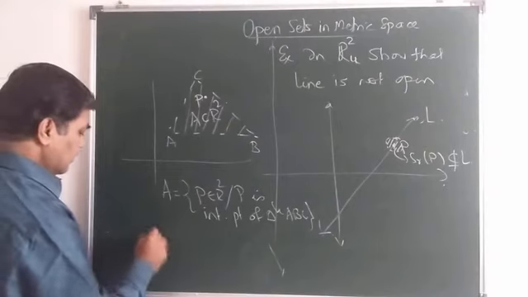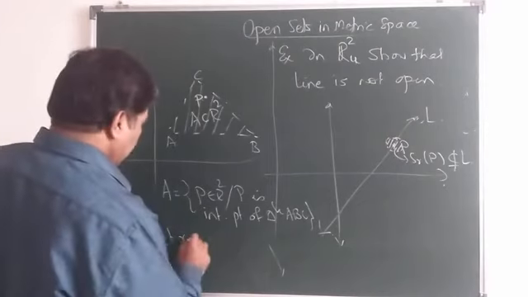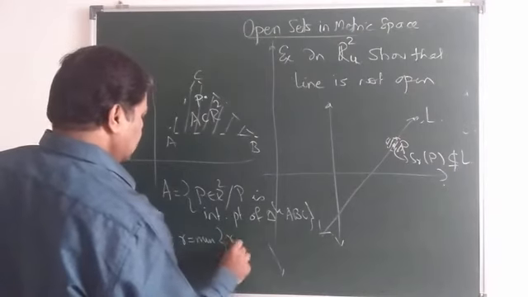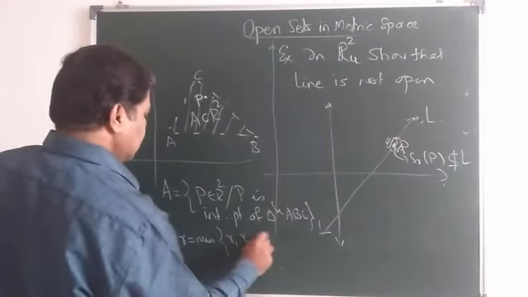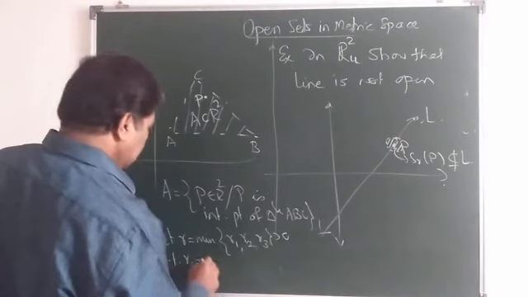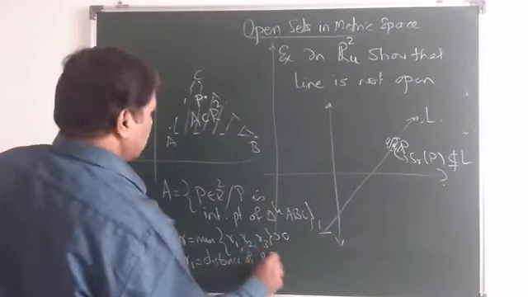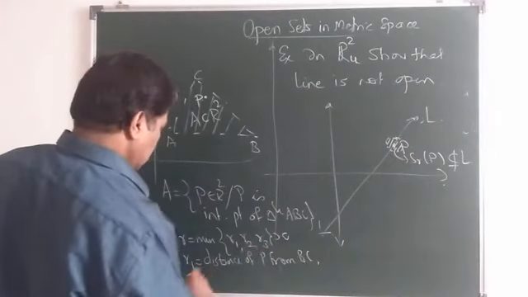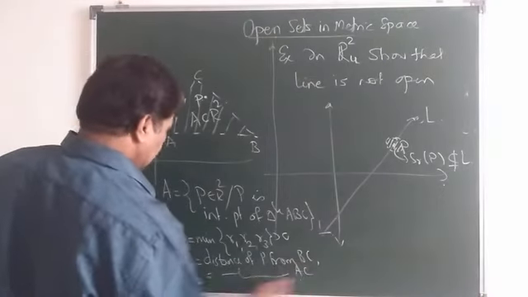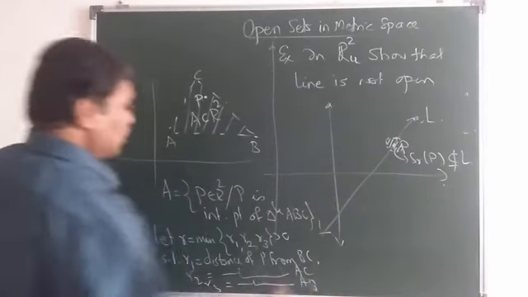Then let r be the minimum of r1, r2, r3 greater than 0, such that r1 is the distance of P from line BC, r2 is the distance of P from AC, and r3 is the distance of point P from AB.